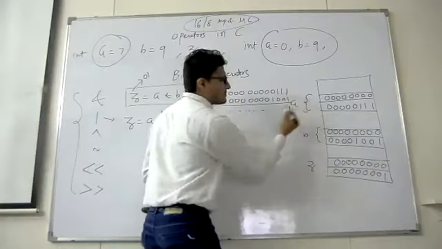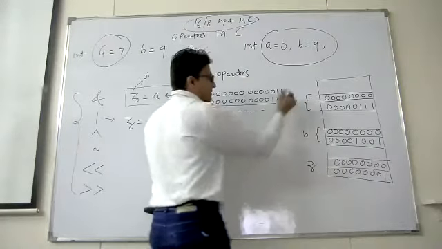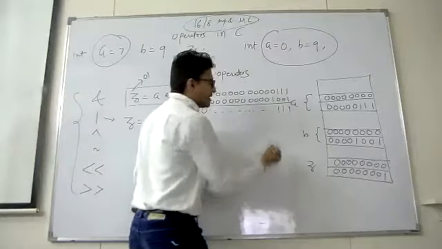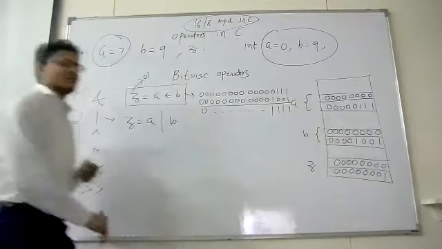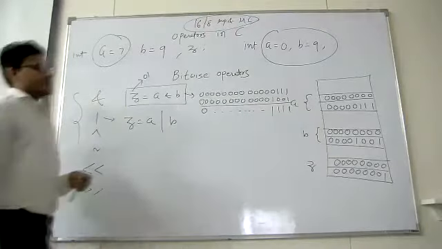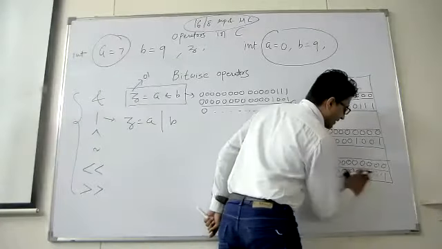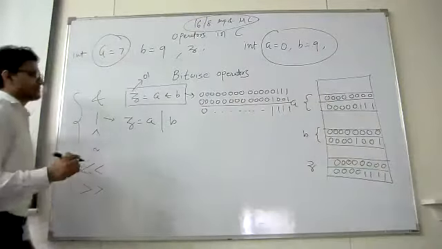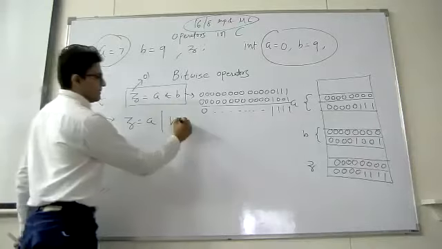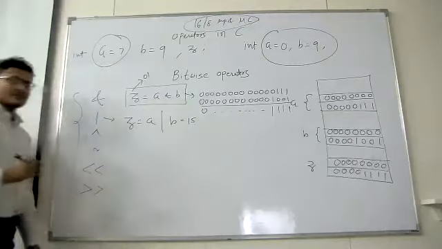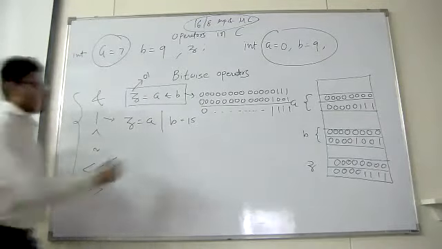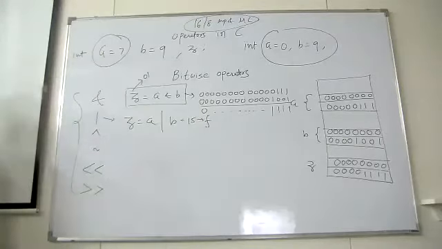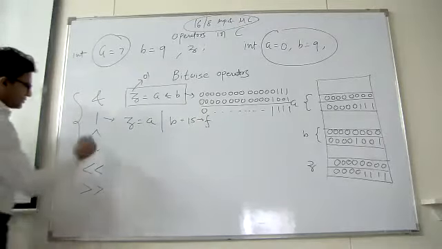Because of the OR operation bitwise: 0111 OR 1001 gives 1111. So my answer would be 15, or you can say F in hex. In decimal it is 15.